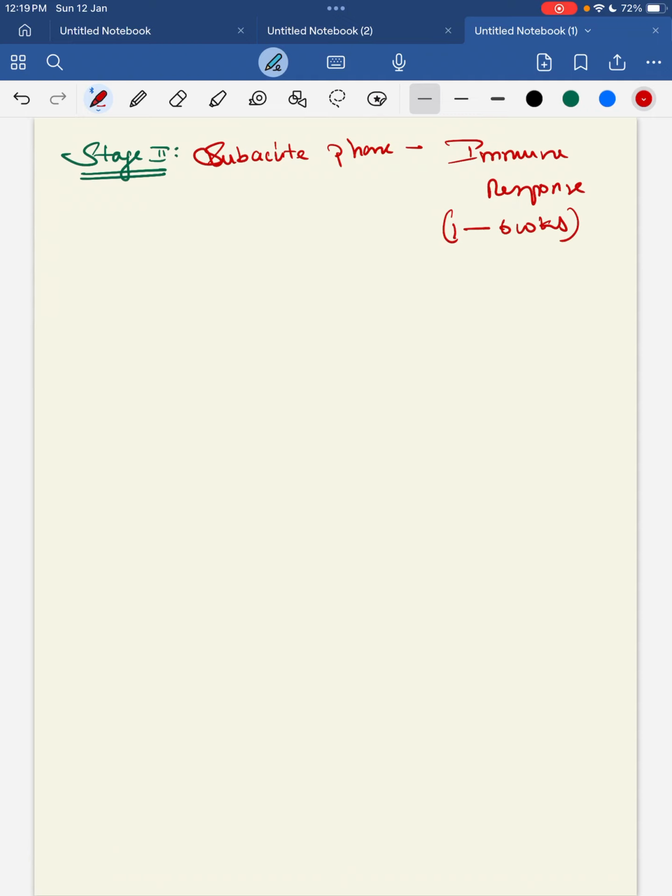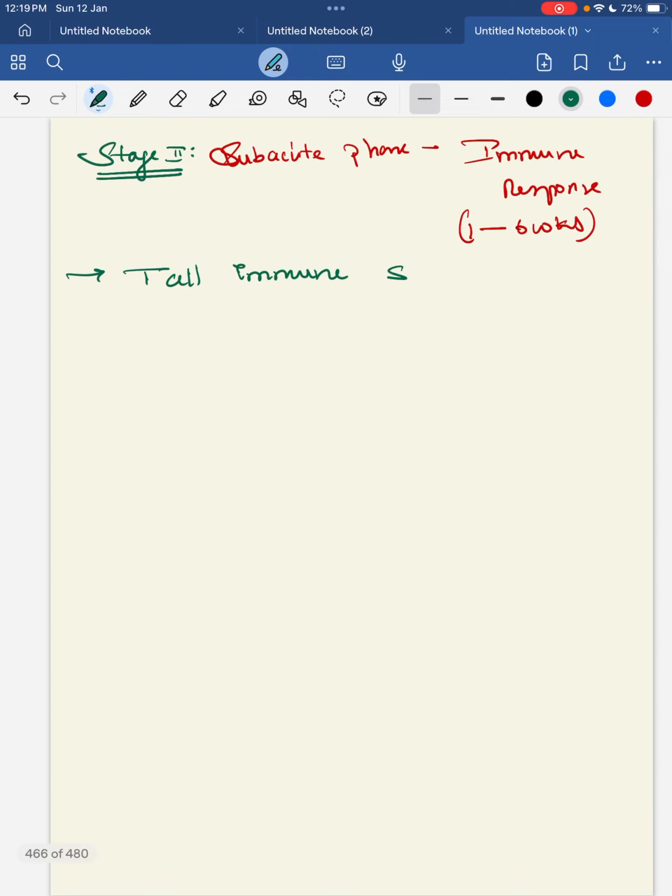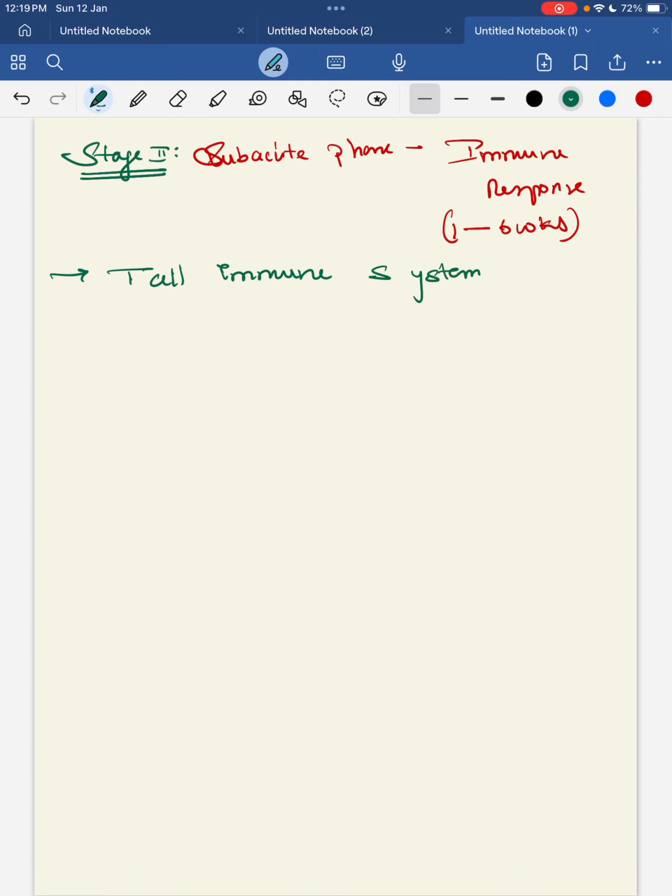Once the T cells get activated, they will attack both the virus and the myocytes, mainly the infected myocytes, by an immune mimicry mechanism.